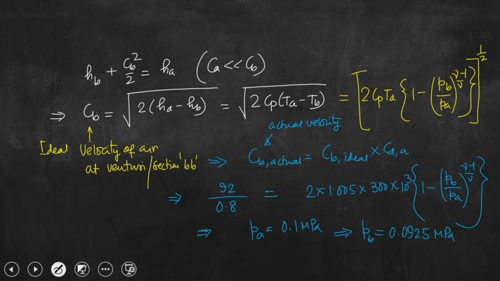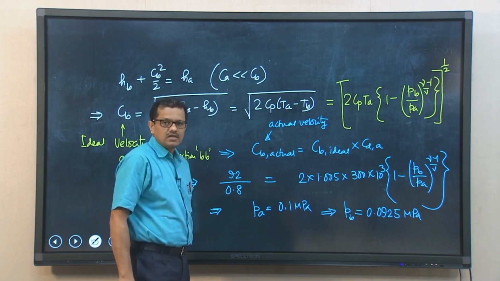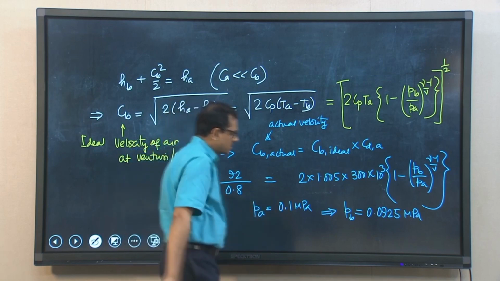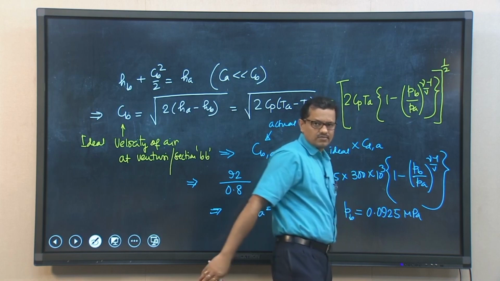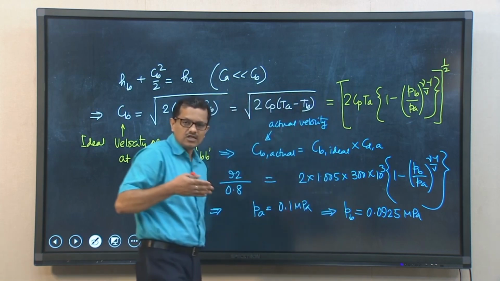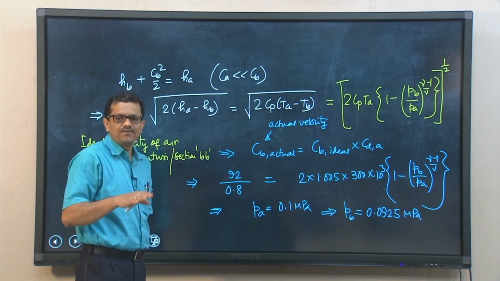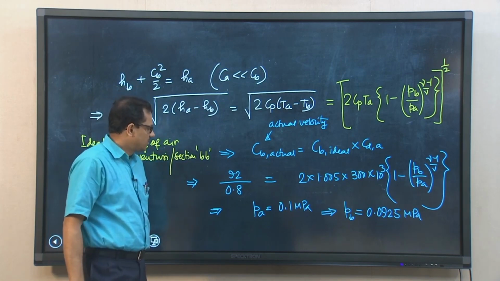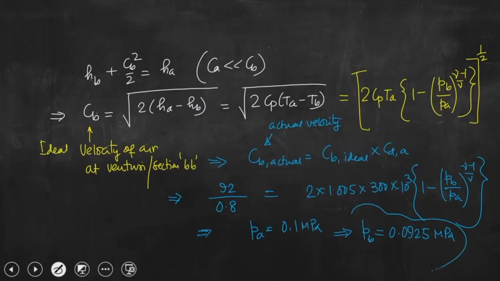You can clearly see that there is a drop in pressure from 0.1 megapascal to 0.09. Accounting for this drop in pressure, we can have a flow of fuel from the float chamber to the discharging point.